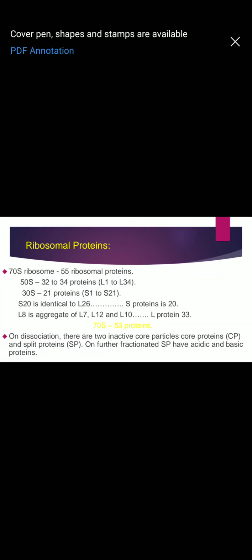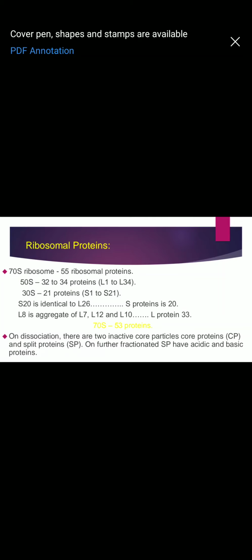This divides the ribosomal proteins into two different layers. One layer is called the core proteins, and the other layer, which has several other types of protein, is called the split proteins, simply CP and SP.